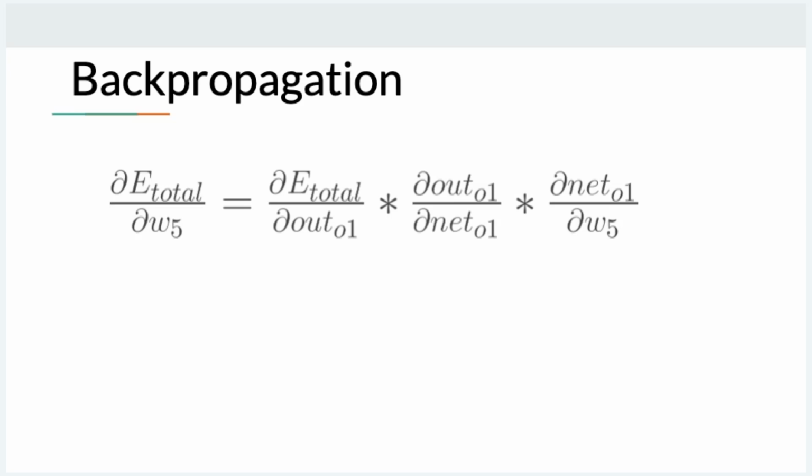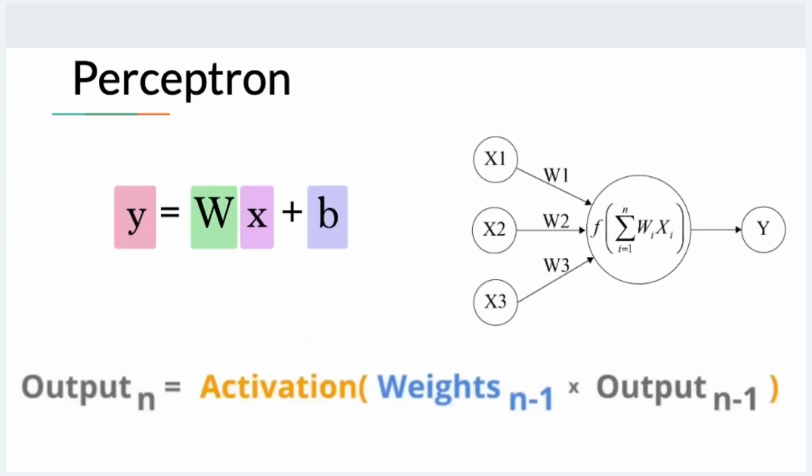Again, it will work on the basics that we have discussed right now, but it will keep introducing new concepts and new calculations, and it will keep modifying the basics.